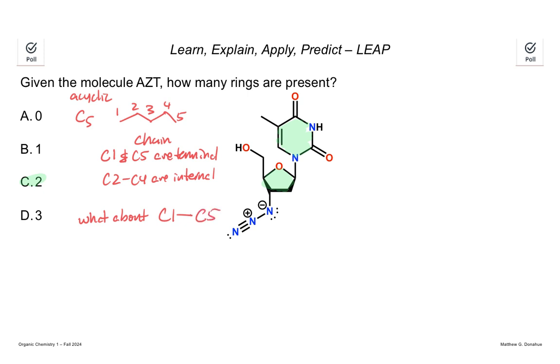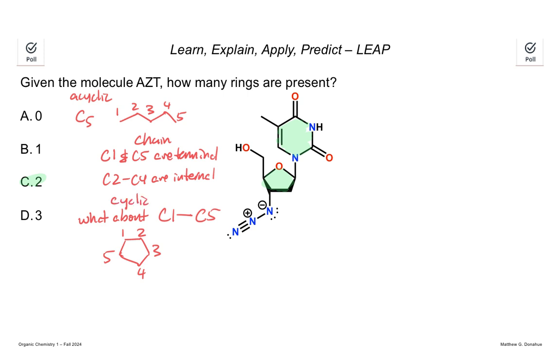So if we took the terminal carbons C1 and C5, bonded them together, that would form a ring. And that ring would have 5 carbon atoms in it. So these are called cyclic compounds or ring compounds.